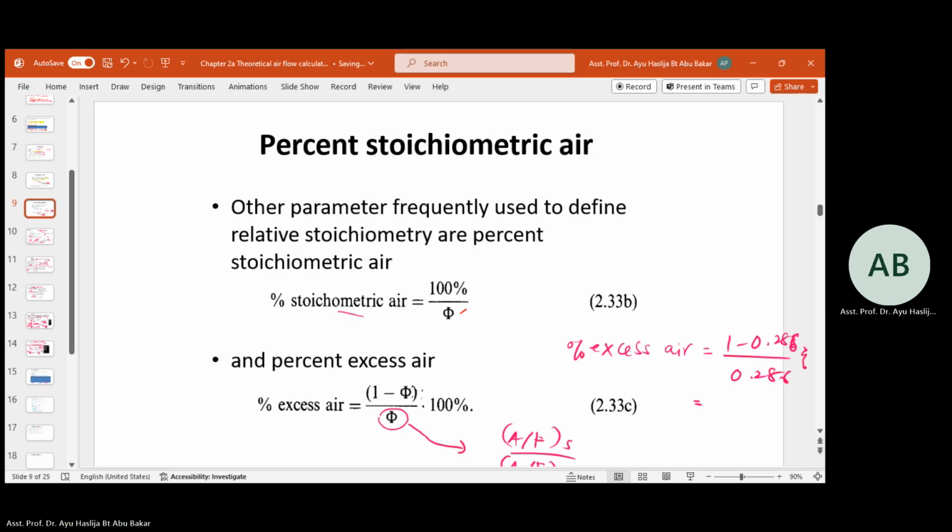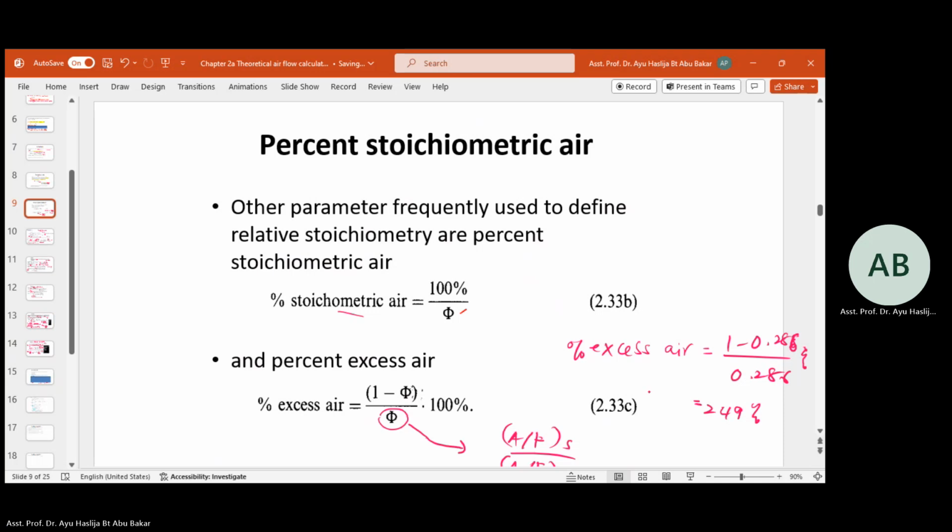Cuba try calculate. 2.5. Besar kan? 249%, tau. Ni dalam persen. So the excess is too big lah. Ini excess air, not theoretical.